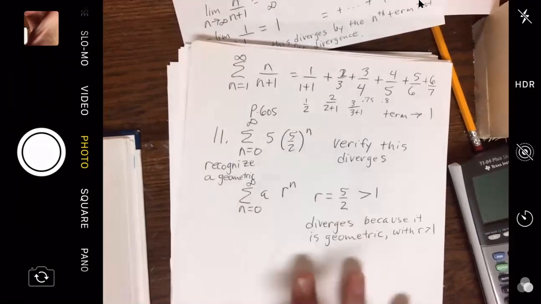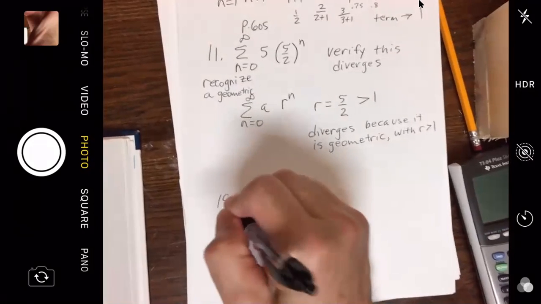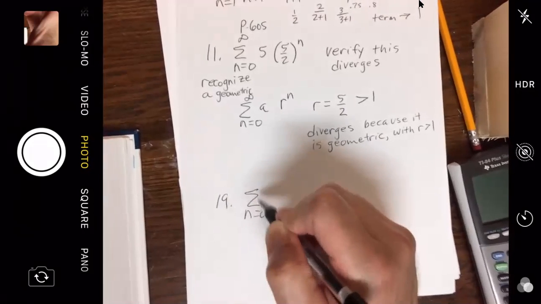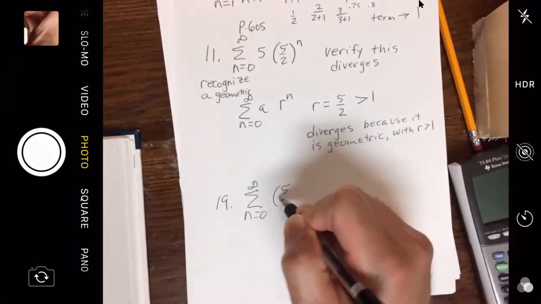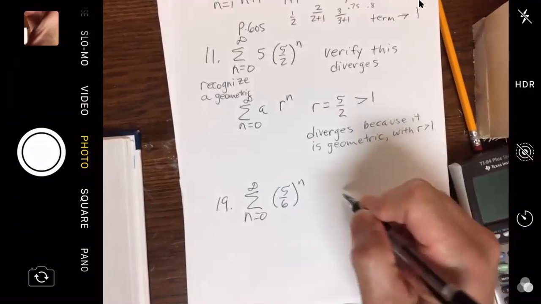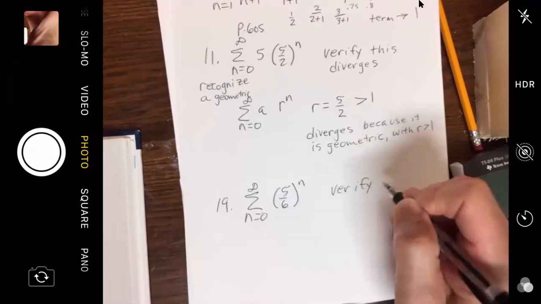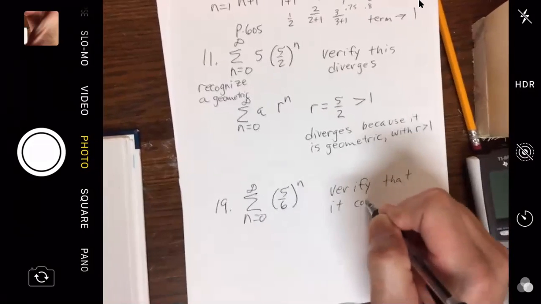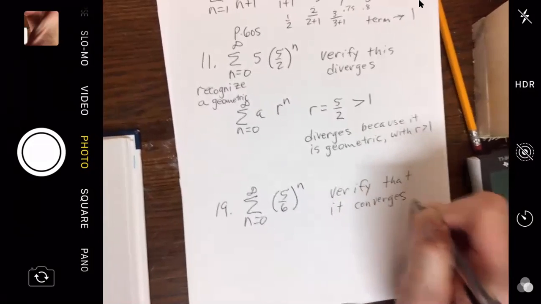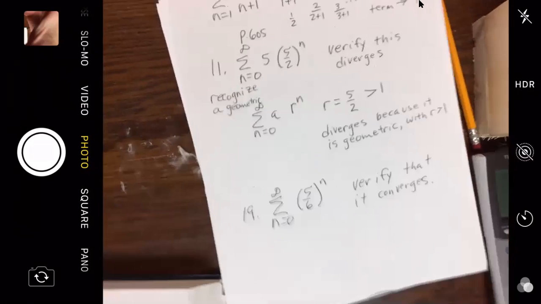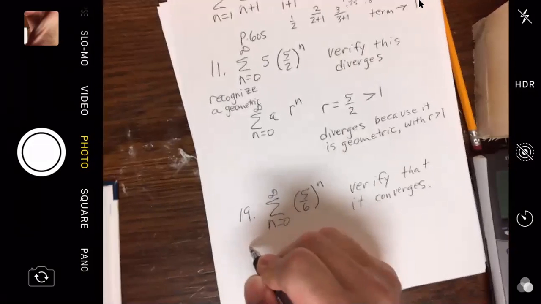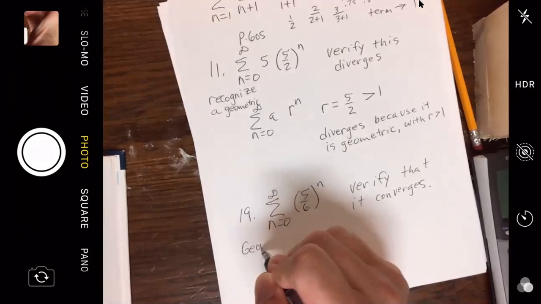If you compare this to 19, summation n equals 0 to infinity of 5/6 to the n, they want you to verify that it converges. Well, you recognize this is geometric.